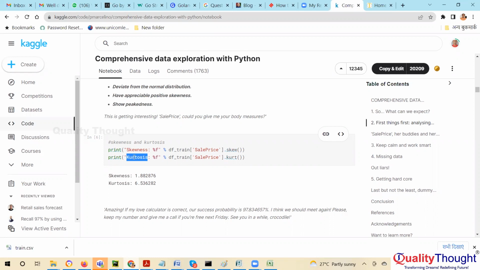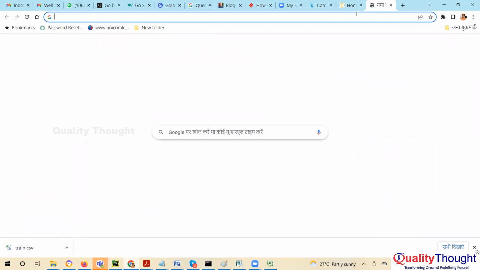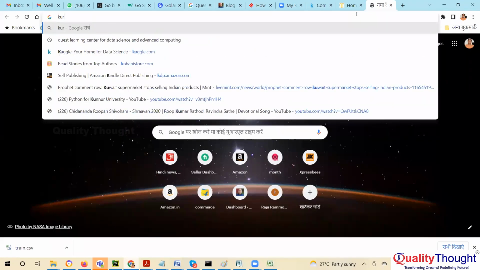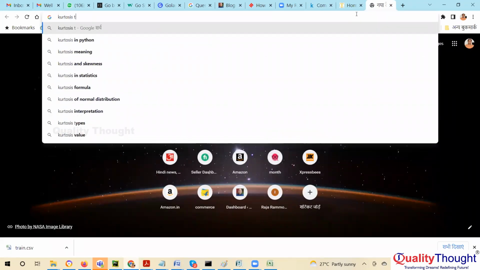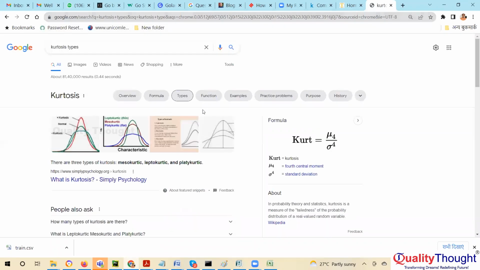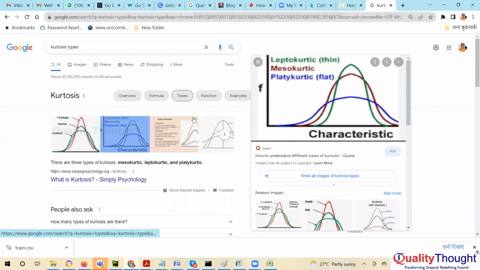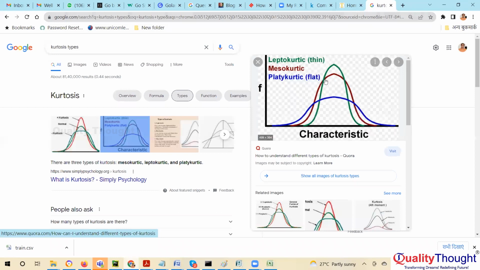So we have something called platykurtic. Kurtosis types. See here. The red one is called mesokurtic. Mesokurtic means your kurtosis value is around 3.